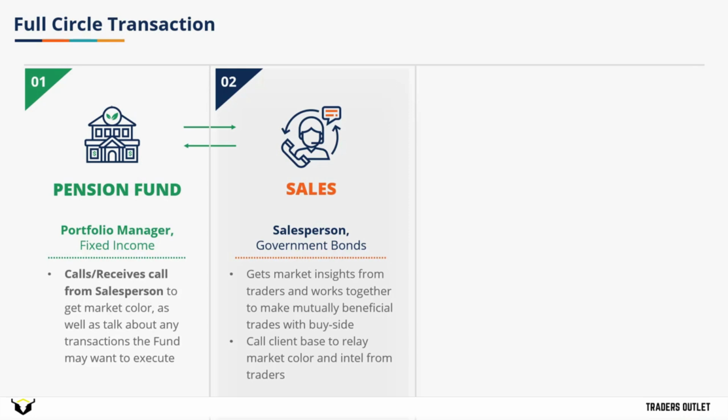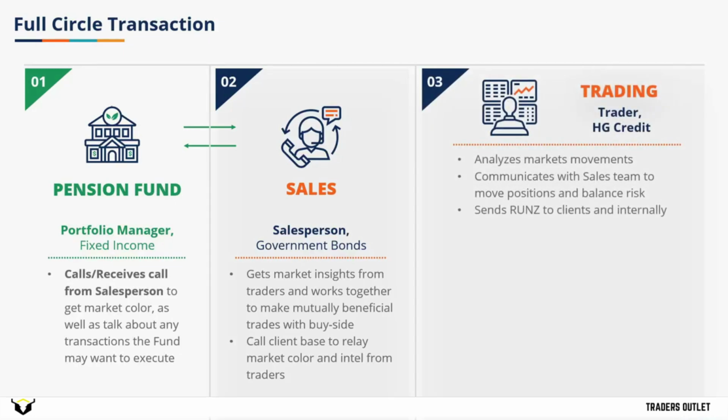The portfolio manager will listen to some market insights that the salesperson wants to share and perhaps ask some questions on market conditions. If the portfolio manager wants to execute a trade, the salesperson will go ahead and communicate their client's needs to traders. Hopefully the two parties, buy side and bank trader, will have a mutually beneficial transaction.